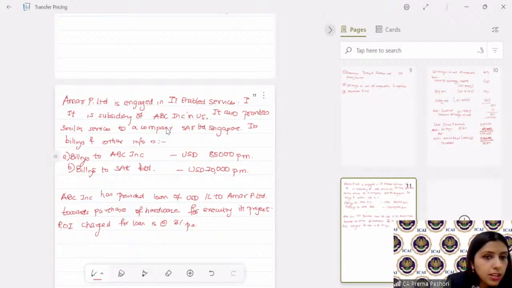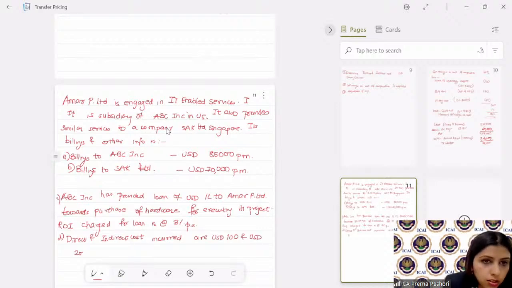Direct and indirect costs incurred are USD 100 and USD 200 per hour respectively.